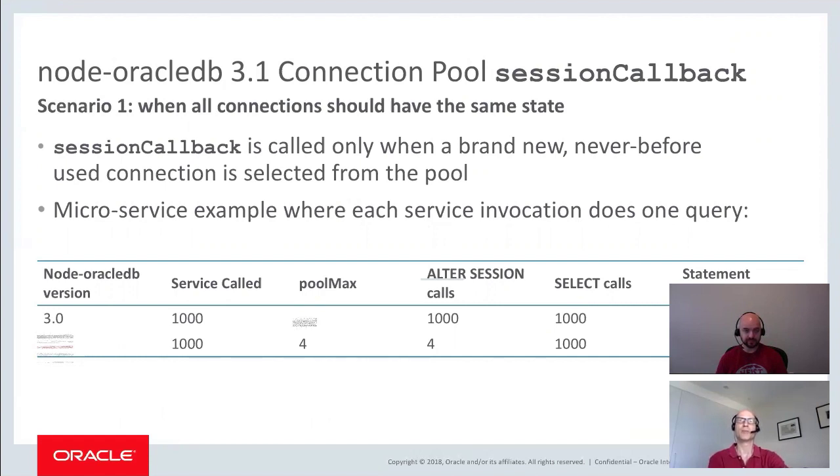So the pool is being managed in the database at that end. And since it's already in the database, it doesn't need to do any round trips to call PL/SQL. Whereas in the Node.js case, the pool management is being done in the connection pool in Node.js itself. Gotcha. Makes sense.